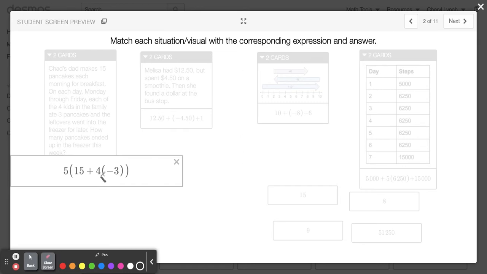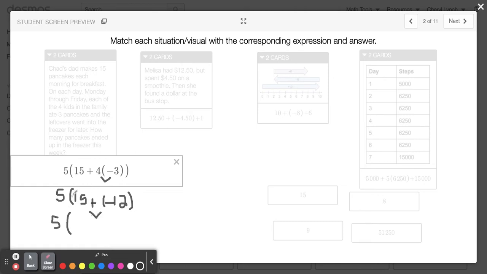So I want to see, let's do inside and multiplication first. So I have 5 times 15. How many pancakes do the kids eat in total? Well, 4 times negative 3 is going to give me negative 12. And then I'm multiplying 5 by how many pancakes are left over each day. So they eat 12 pancakes and he makes 15.